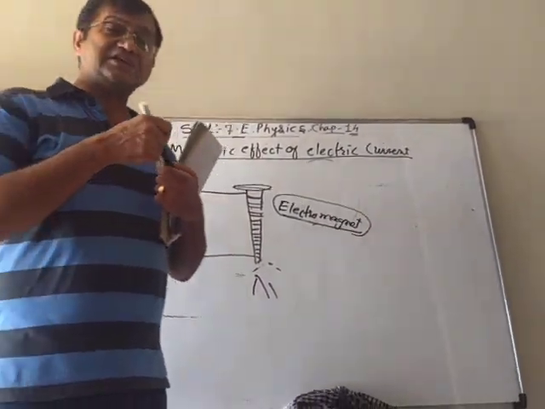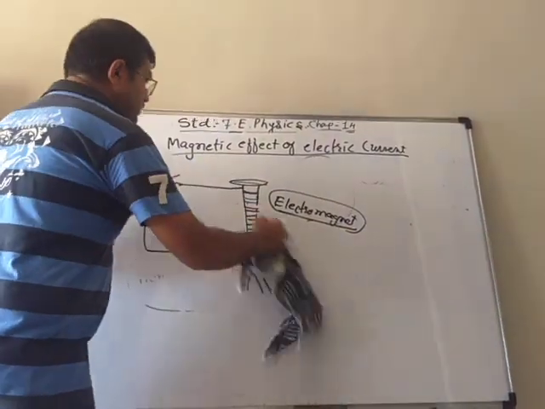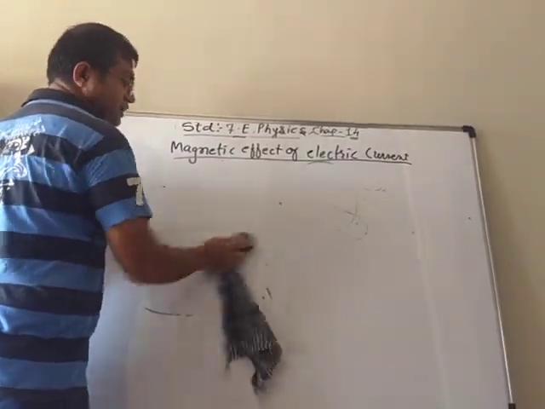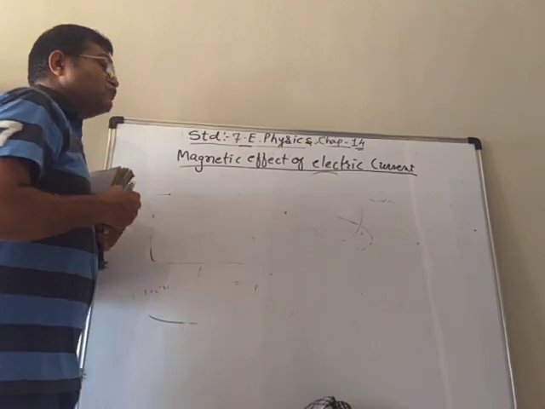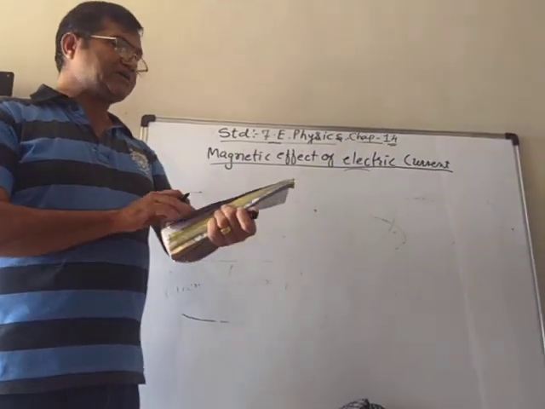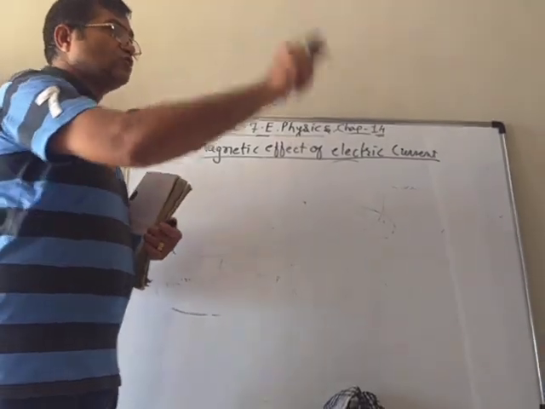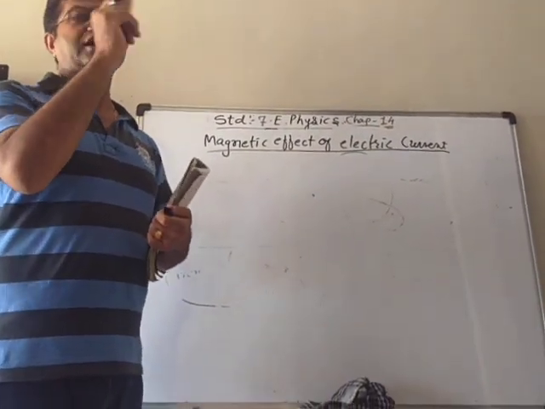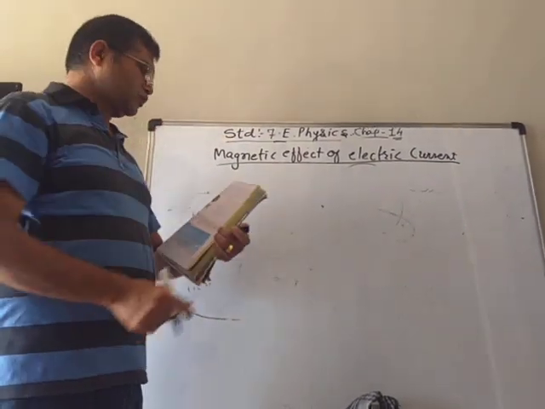Now the last thing we have to learn is the application of this magnetic effect of electric current, which is used in the electric bell. In the electric bell, when we press the button, what happens? It strikes on the gong.